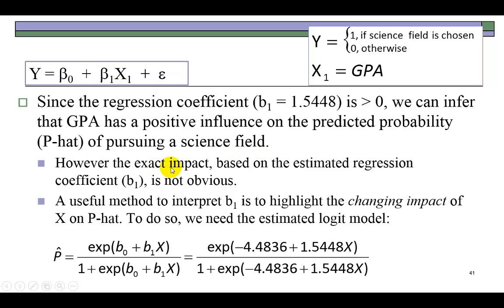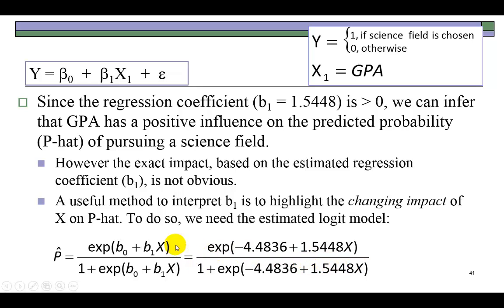Now though, the exact impact based on the estimated coefficient value of 1.54 is not quite so obvious. For us to be able to interpret this in a way that's meaningful, in a way that highlights the changing impact of GPA on the likelihood that a student would choose a science field, we would need the estimated Logit model, which is this.